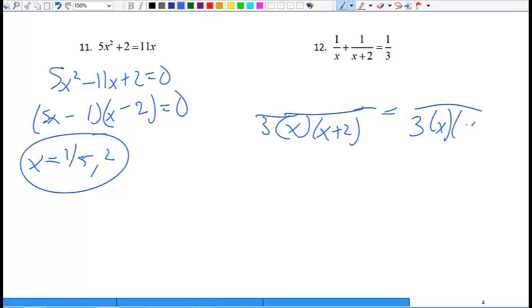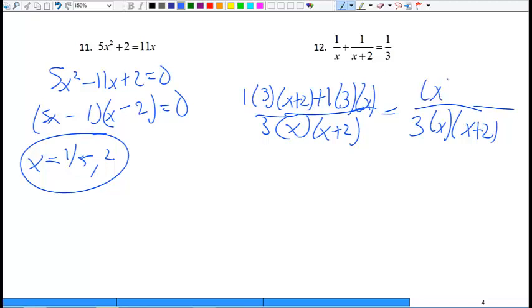It's going to have an x in it. It's going to have an x plus 2. Okay. So this 1 over x, what was it missing? Well, I take the 1, multiply it by the 3, and then multiply it by the x plus 2. And what was the 1 over x plus 2 missing? Well, it's 1 times, and it was missing the 3, and it was missing the x. And then the 1/3 was missing the x and x plus 2.